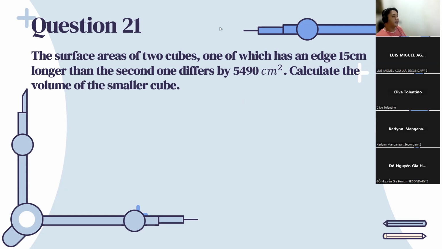Now, the way to do this is by letting the side length of the smaller cube be S sub 1. So it says here, one of which has an edge 15 centimeters longer. So that would help us in getting the surface areas.